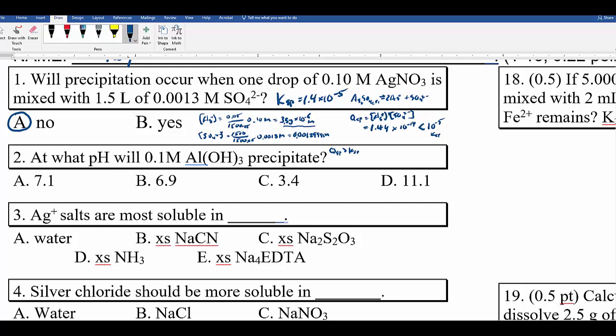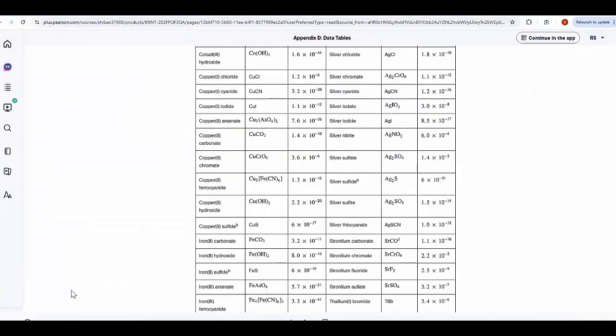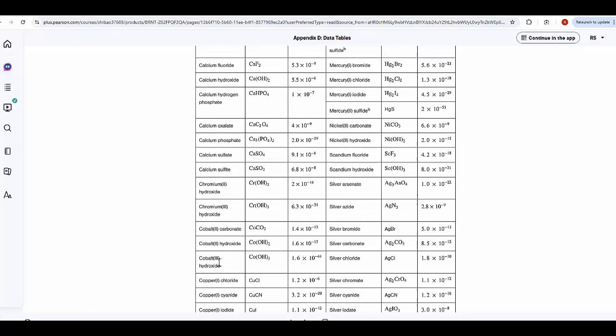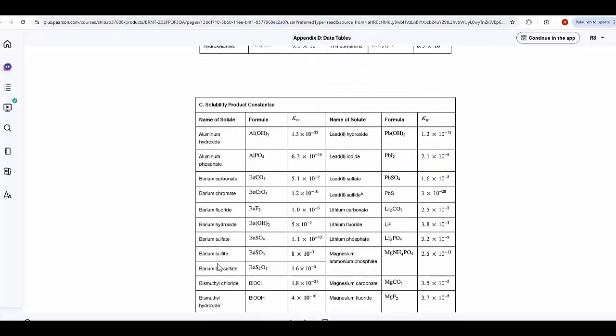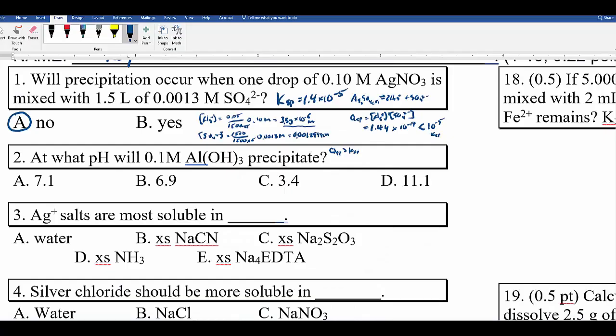And you'll be given a KSP table. So we'll take a look up here. 1.3 times 10 to the minus 33 is the KSP. This is very small.